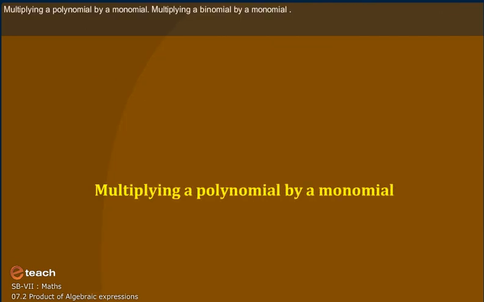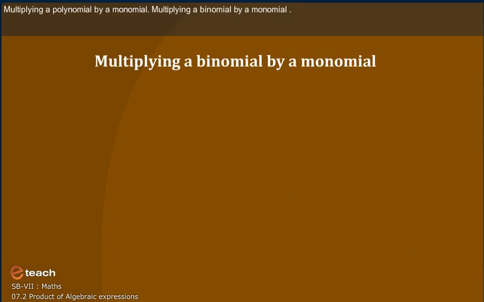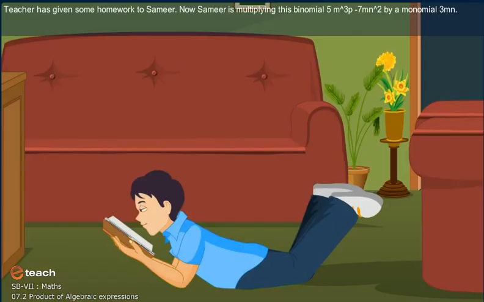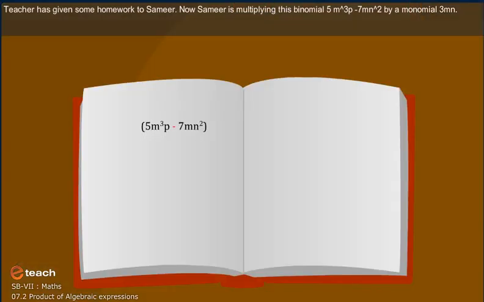Multiplying a polynomial by a monomial. Multiplying a binomial by a monomial. Teacher has given some homework to Samir. Now Samir is multiplying this binomial 5m cube p minus 7mn square by a monomial 3mn.